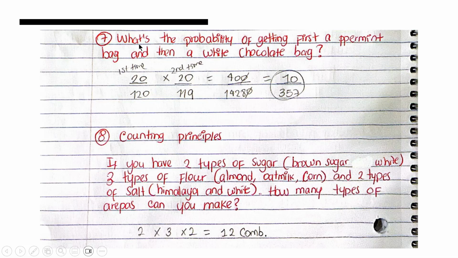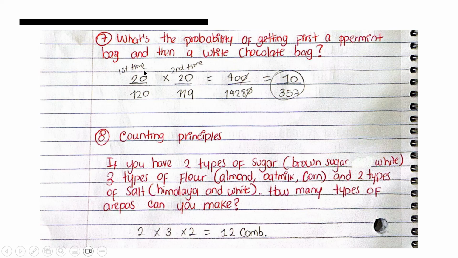That's the probability. Number 7, what is the probability of getting first a peppermint bag and then a white chocolate bag? So the first time, I identify 20 peppermint bags over 120 bags. Now the second time, I had 20 white chocolate bags, but as I already took one of these, I will have 119 tea bags.